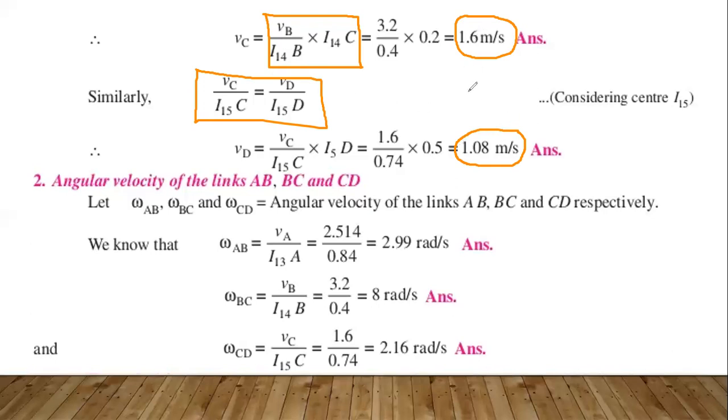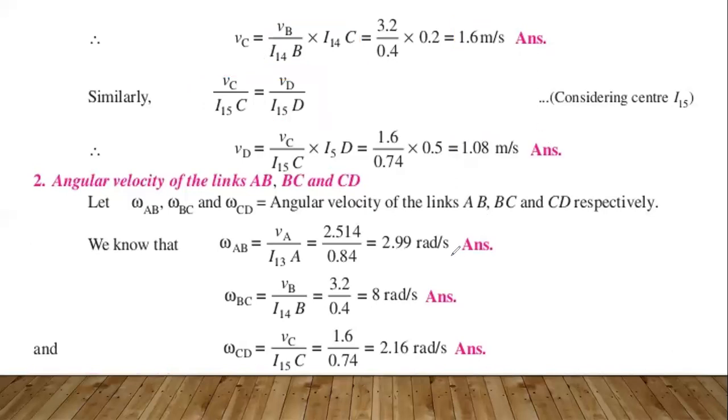So these are the three velocities, that is velocity of B, velocity of C and velocity of D. So that is for the first criterion. So for the first type of criterion, we need to find the velocity of B, velocity of C and velocity of D. Then we need to find the angular velocity of the links AB, BC and CD.